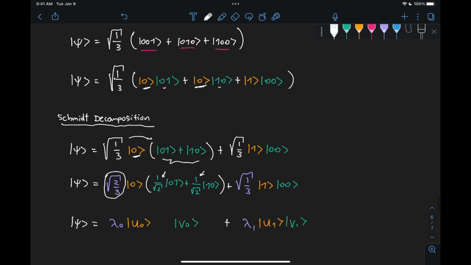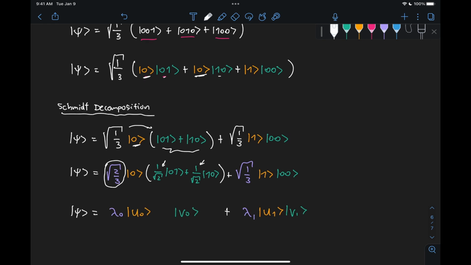So basically this state right here is now in its Schmidt form. So we have a state that has a lambda sub 0, which is this root of 2 over 3, a u sub 0, which is our basis state on subsystem A of 0, a v0, which is this equal superposition state of 01 and 10, and then this lambda 1, which is the root of 1 over 3, and then our u1 and our v1.